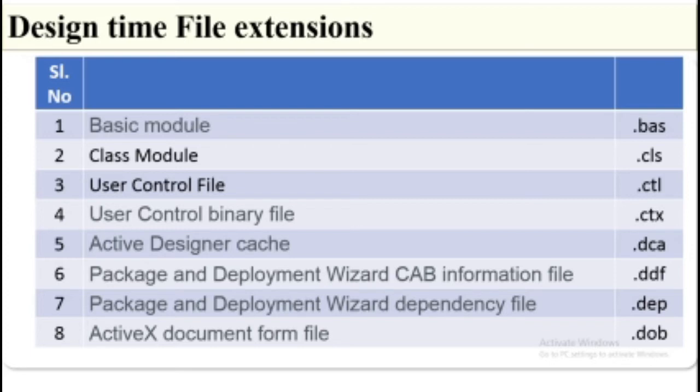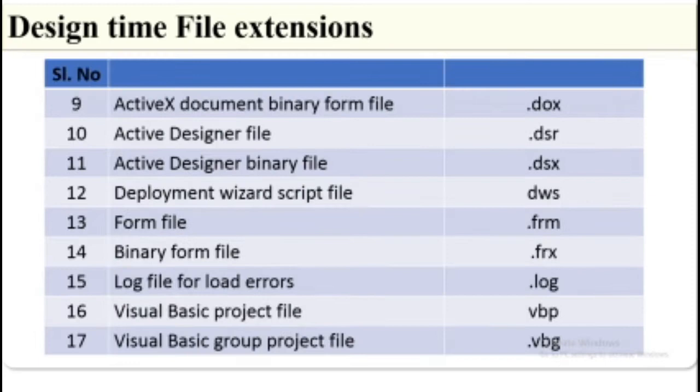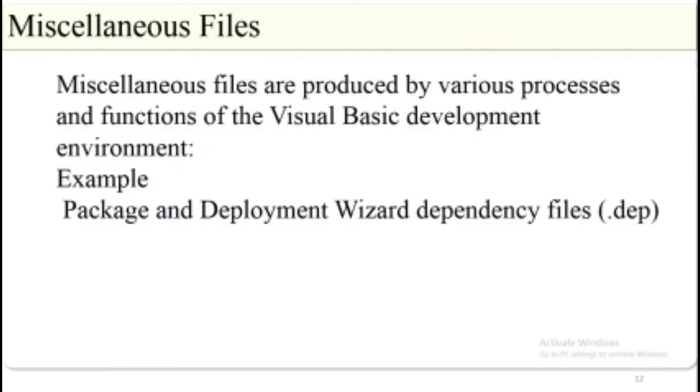The other design time file extensions are CLS, CTL, CTX, DCA, DDF, DEP, and DOB, and some other names like DOX for ActiveX document binary file, FRM for form file, and .VBJ for Visual Basic Group Project file, etc. are used as extension names during design time.